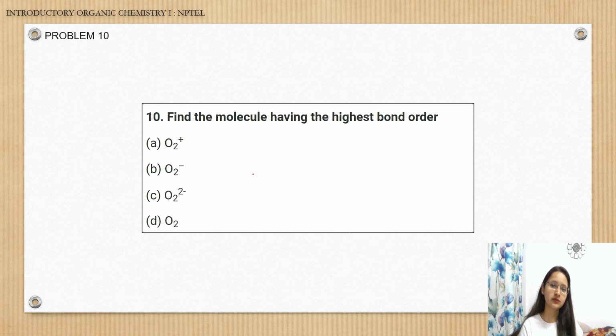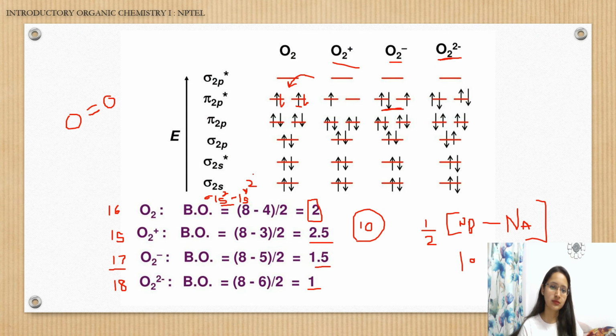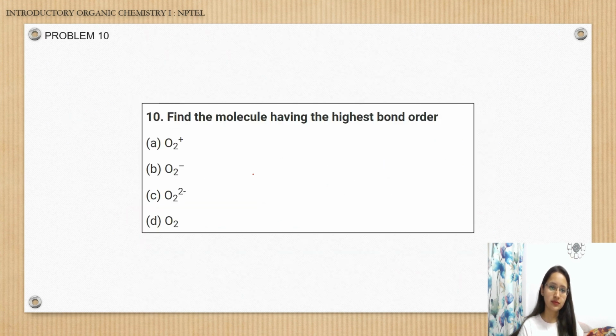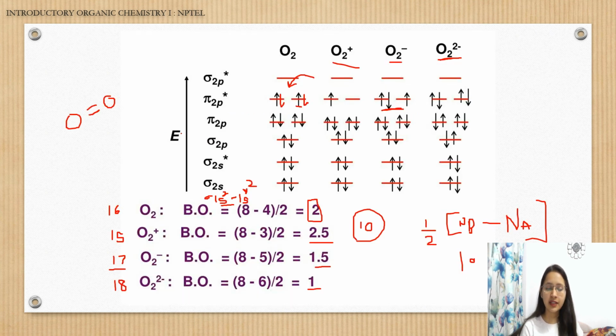Okay, so now the question is: which molecule has the highest bond order? O2 plus will have the highest bond order. So any query in this question, guys?